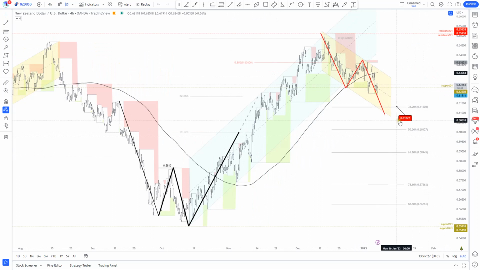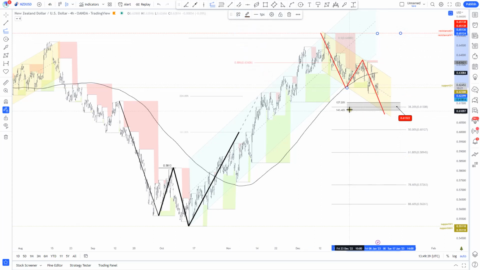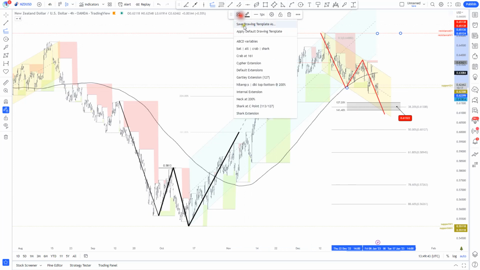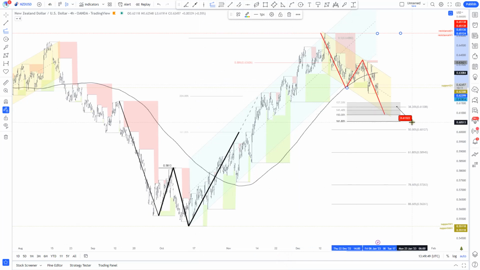So I will wait to see how the Kiwi reacts to these levels. At this point we will be trading an extension of the first swing low. You can plot those extensions between the 127 and 141, and you can also use the other Fibonaccis, 150, 161.